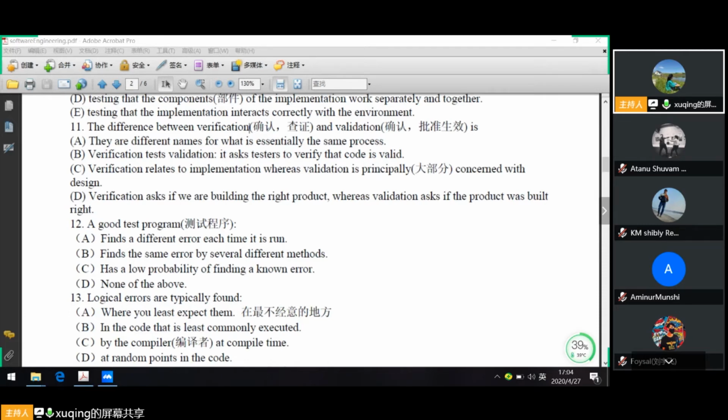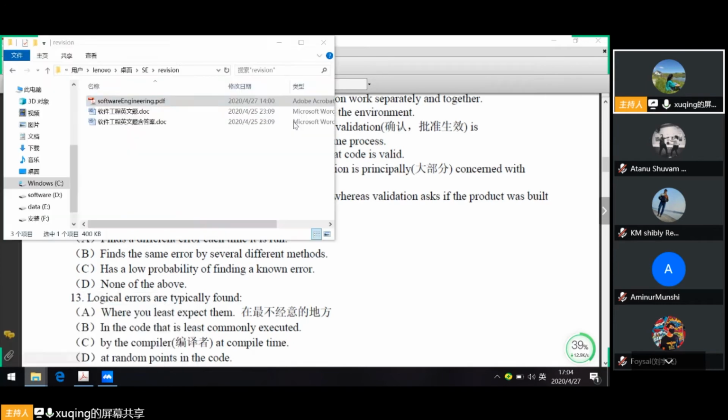So verification is the requirements and validation is to check if the product works well. So as said by Ramnak, the 11th is D. You can find it, I think, yeah, in the slides.